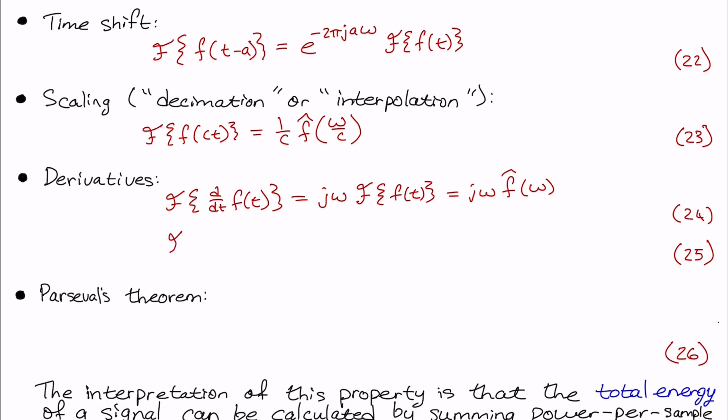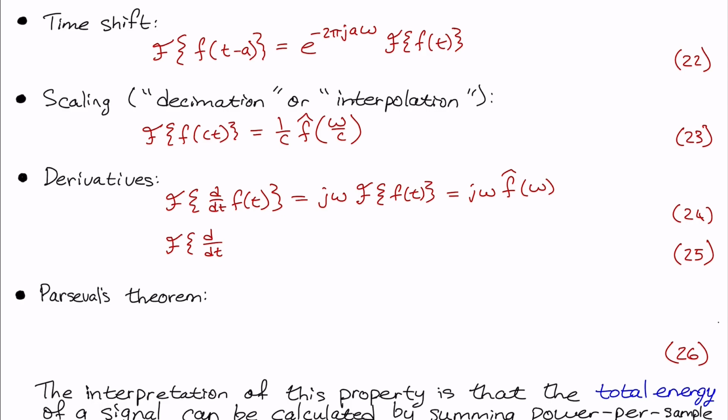For the second derivative, we're going to have the Fourier transform of d squared over dt squared. In fact, let's do it for any derivative, not just the second.